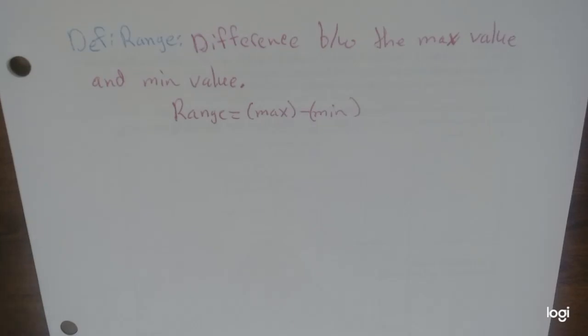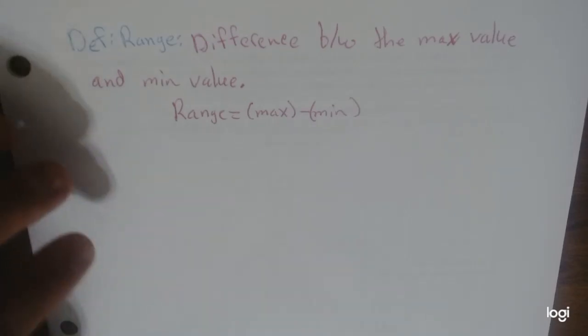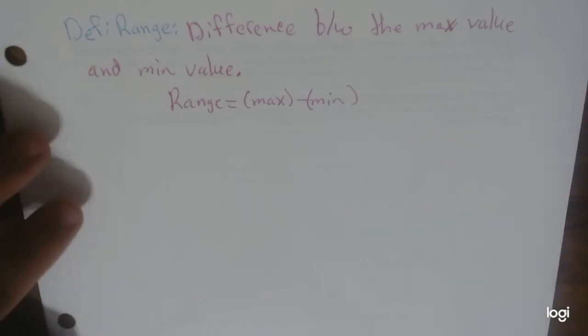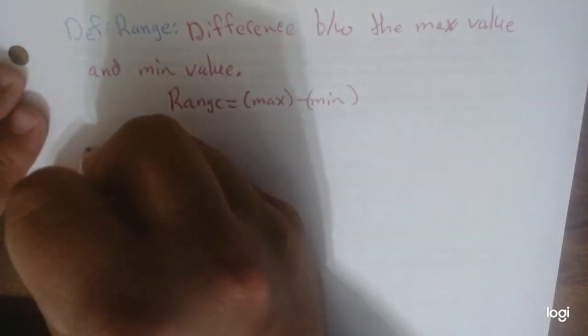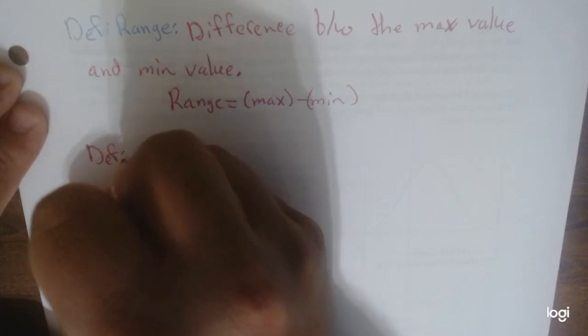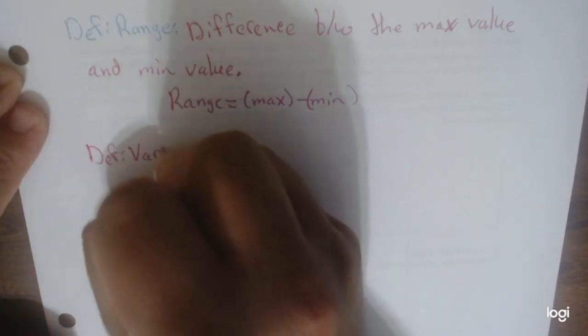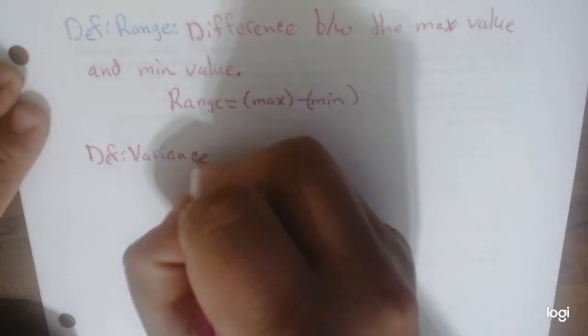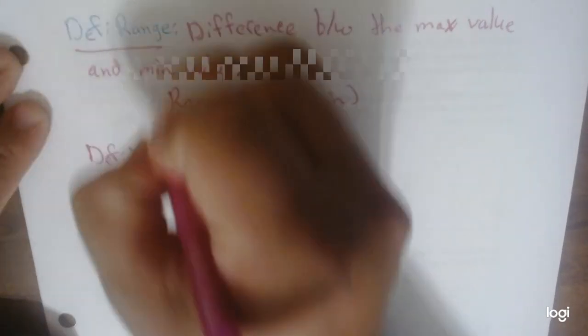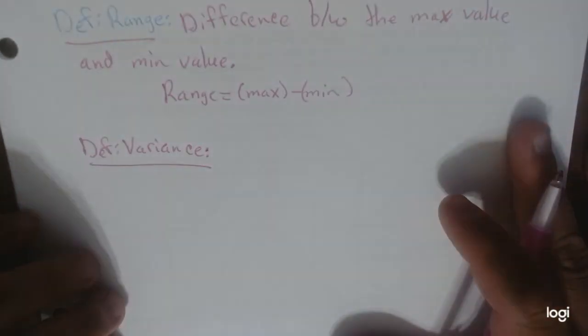Now the next one, again, we would do as a whole class activity, but obviously we're not in class, so I'm just going to give you the definition. The next concept is called the variance. We don't talk too much about the variance in this class; it's more for higher stats, but it's a quick, good definition anyway.